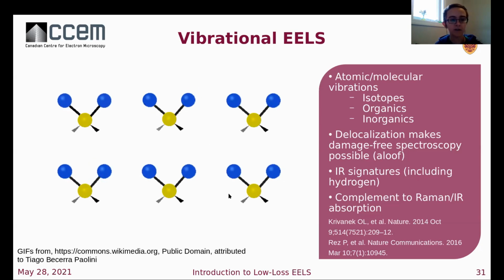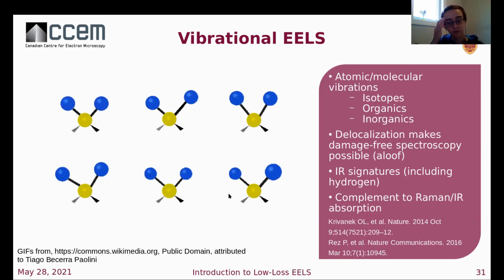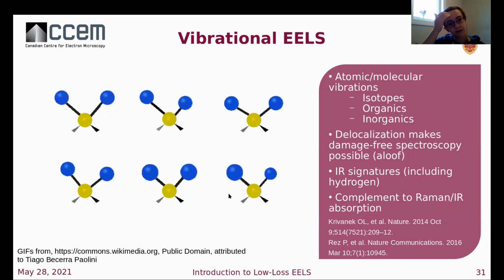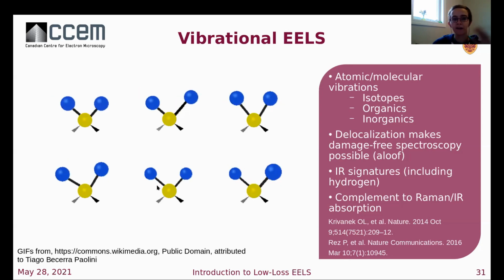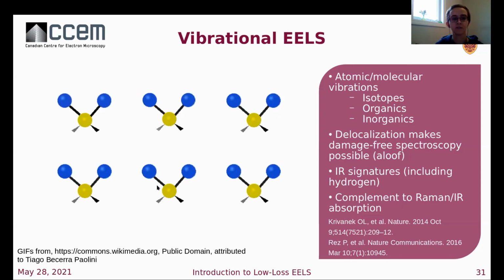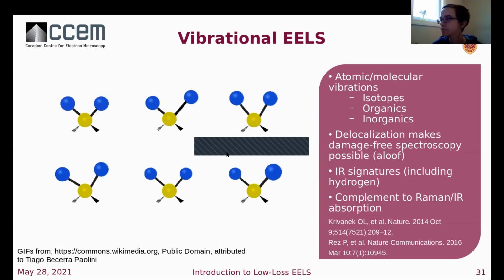Finally, in the extreme low loss region of the spectrum, into, say, the mid and near infrared, we start to sample in a molecule. You may have many different waggling, rotating modes as the bonds in the molecule change.